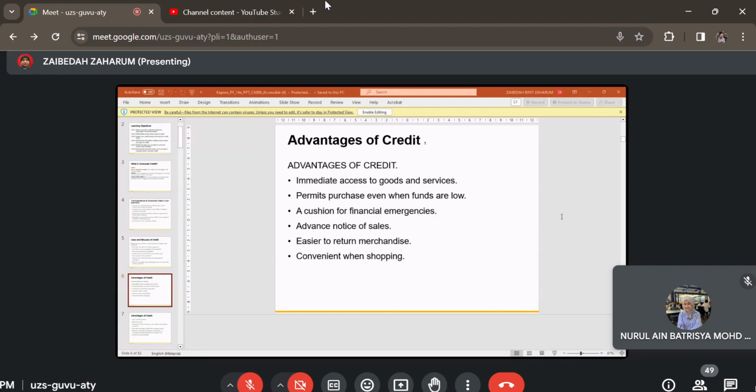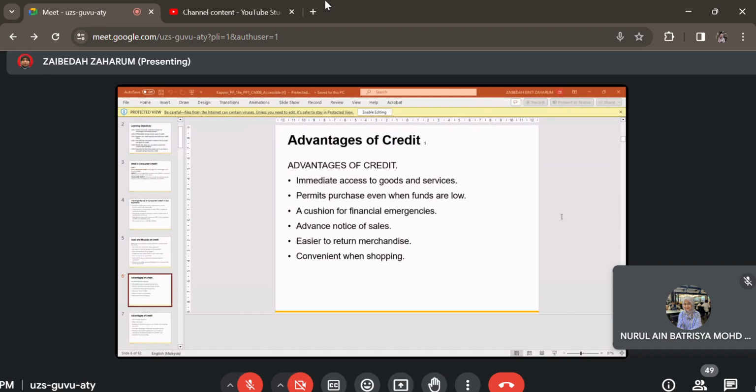Di mana ability, okay, kita acquire goods or services without having to pay for them upfront. Okay. Itu dia punya kebaikan bila kita kata credit ni tadi lah. Okay. By using credit, okay, individuals can make purchases immediately. Okay, and then pay for them later. Okay, which can be particularly useful for urgent needs or unexpected expenses.